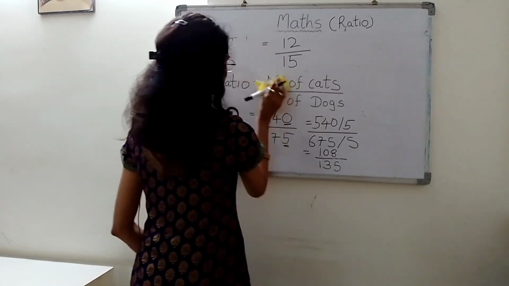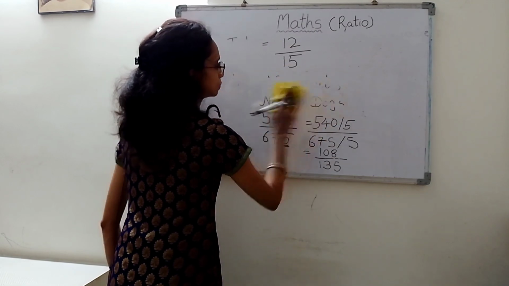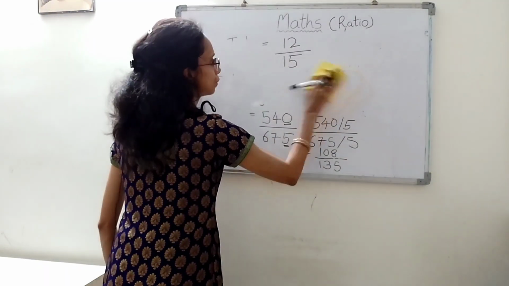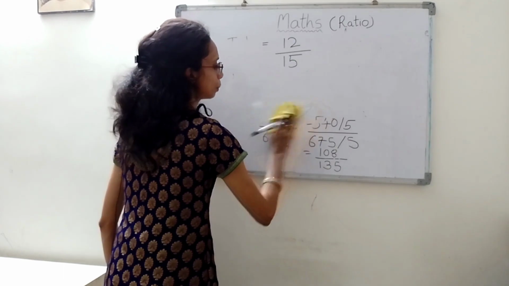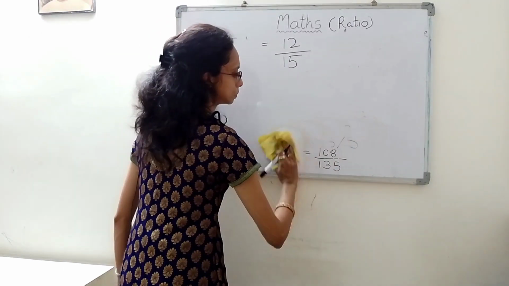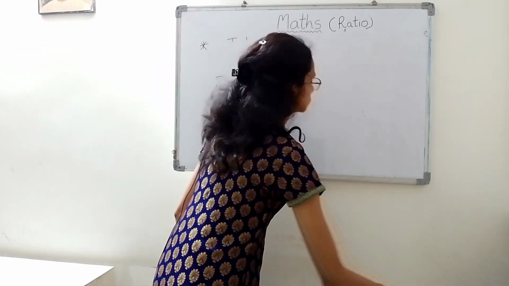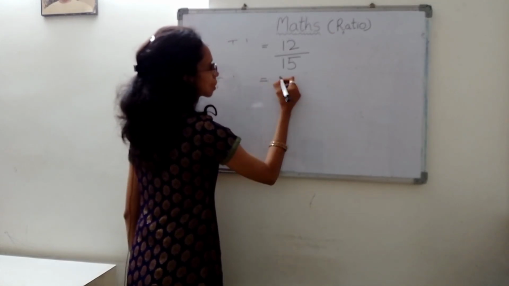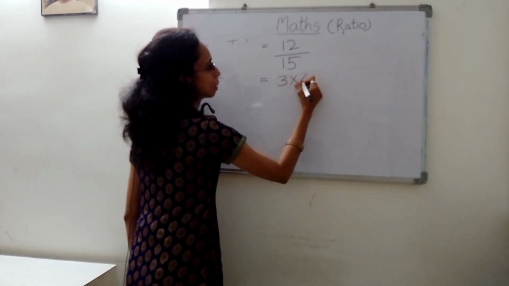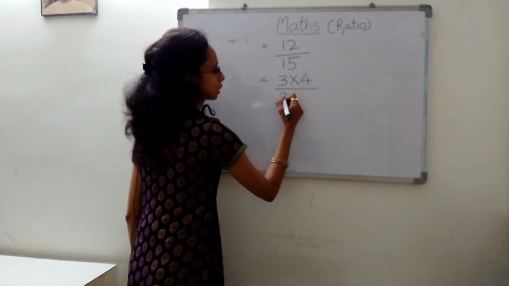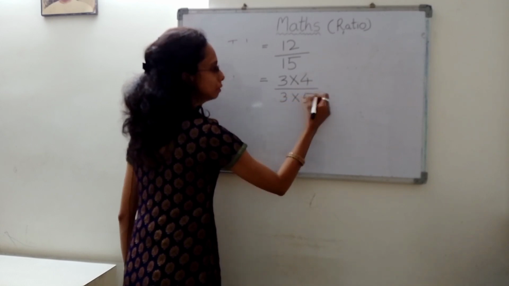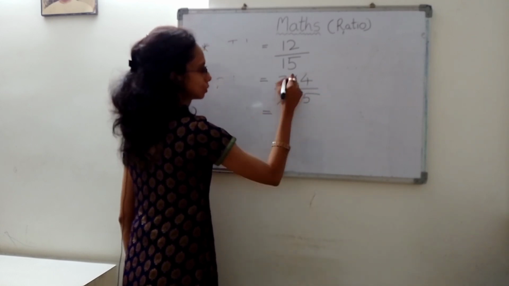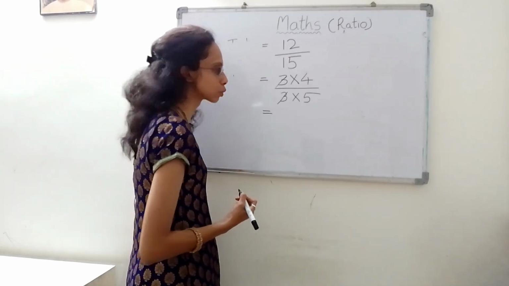So we can write here 12 upon 15 as 3 multiplied by 4 upon 3 multiplied by 5. So 3 divided by 3 is 1.